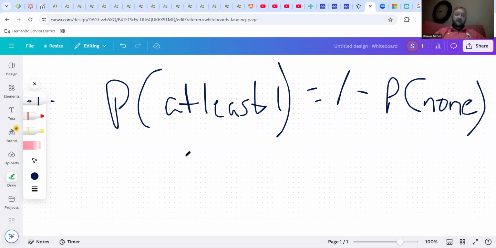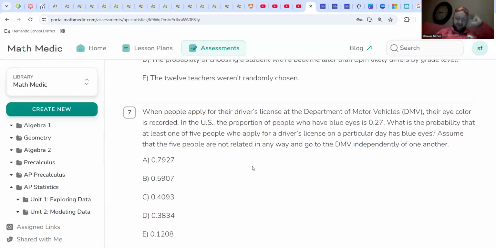I mean, you could say the probability of one plus the probability of two plus the probability of three. You could say it like that. This is a little bit easier, I think. All right, so let's try to do some calculations with that.